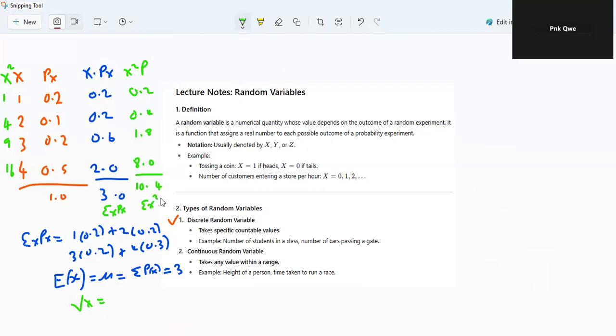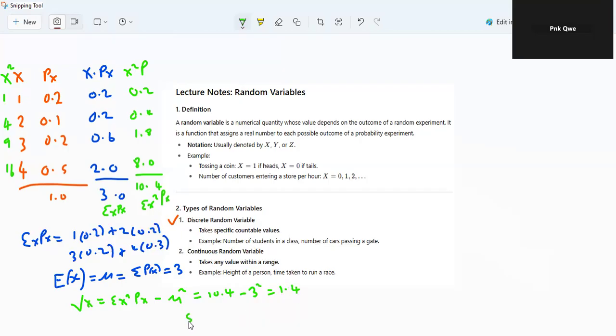The variance is simply the difference between the summation of x squared p(x) minus the mean we calculated, squared. So 10.4 minus 3 squared, and 3 squared is 9. So we're going to get 1.4. That is our variance.